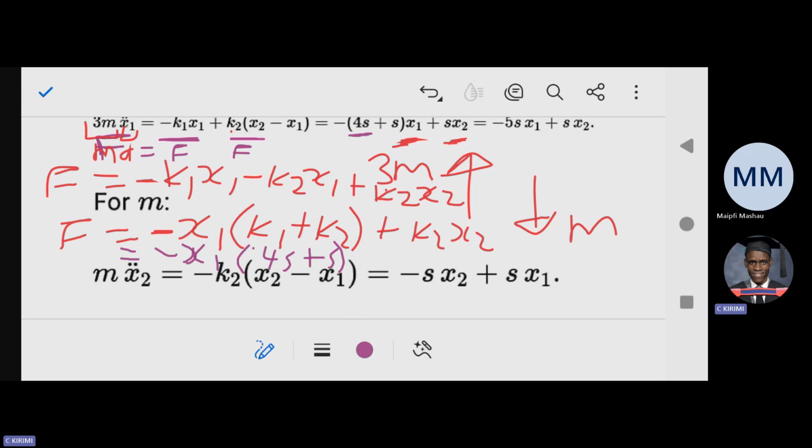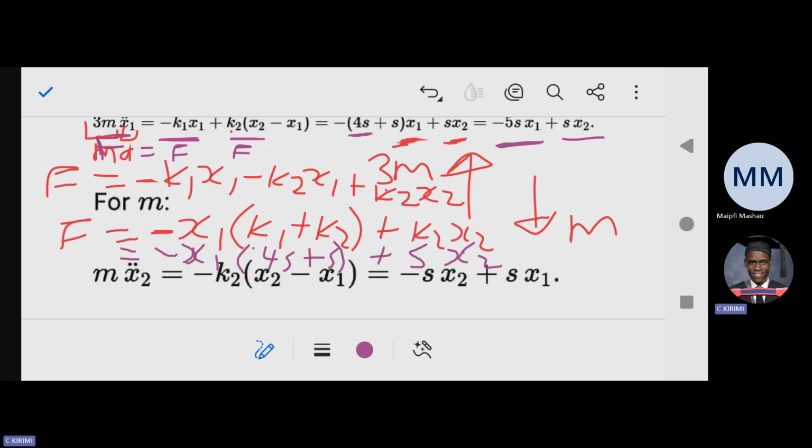Why are we replacing? So that we are able to add them, since they are related. Then you say plus, where there is K2, now we are representing s, so it will be s x2. Then from there, we have a similar equation. Add like terms together: 4s plus s, what do you get? 5s.